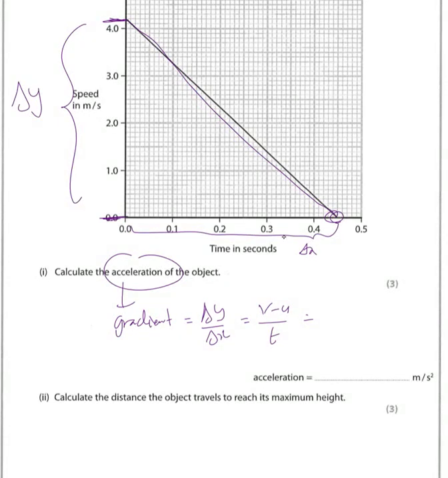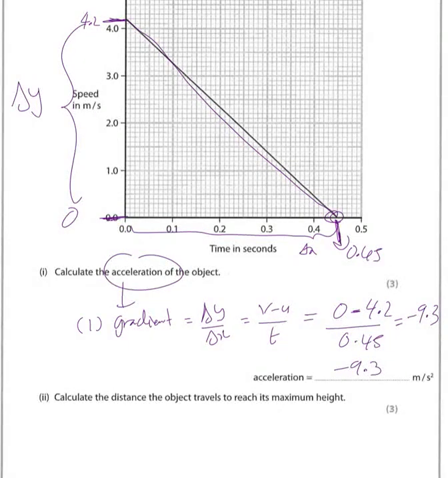So therefore we go from 4.2 to 0. So final is 0, take away 4.2, divided by how much is this one here? This one is 0.45. And we get minus. Here we go. So I need to see 1, 2, 3, and 4 the answers.